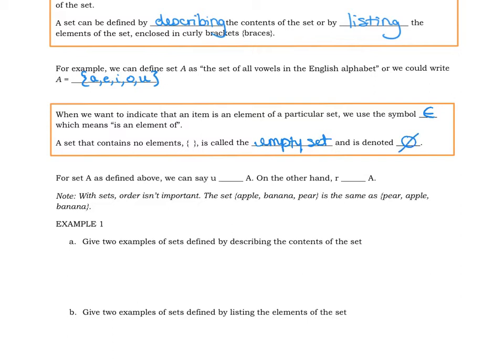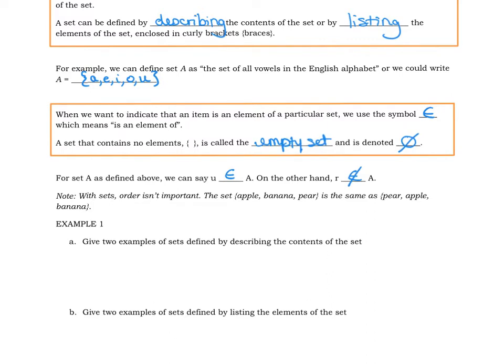It is a circle with a slash through it, kind of like what you'd think of as a no solution, but in set theory it means an empty set. So for the set A defined above, which remember was the set of all vowels in the English alphabet, we can say U is an element of A because it's a vowel, but R is not an element of A, so we just draw a slash through it.